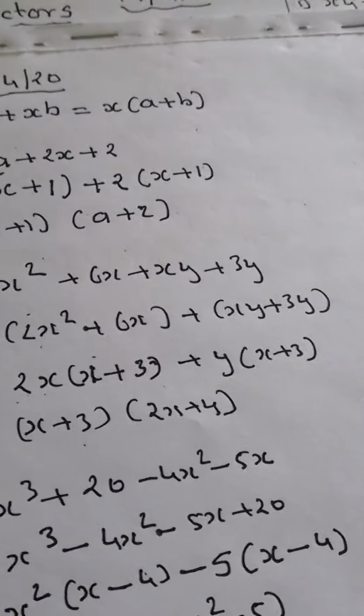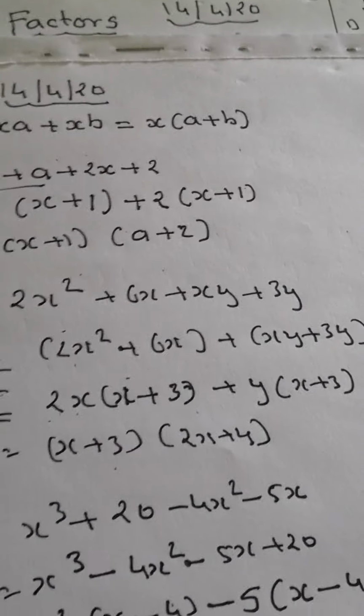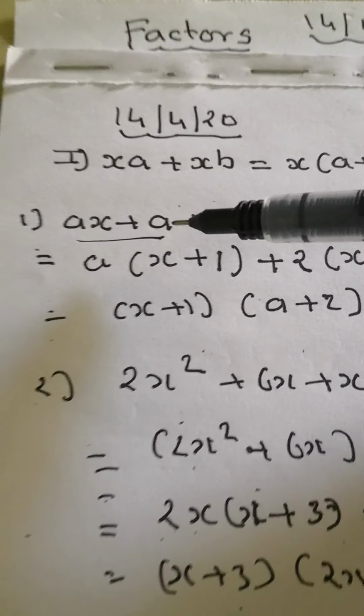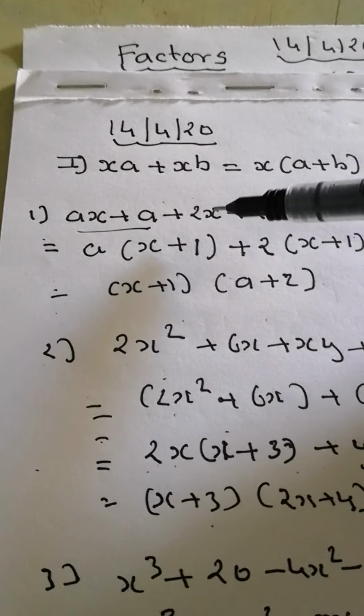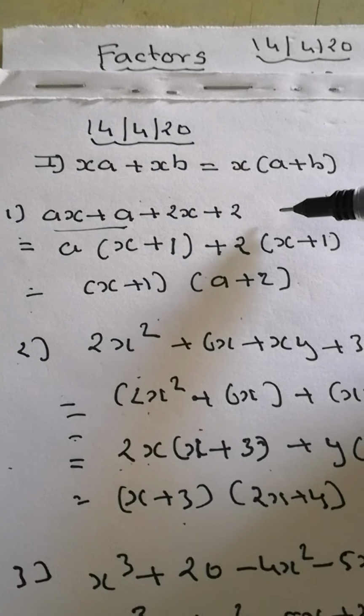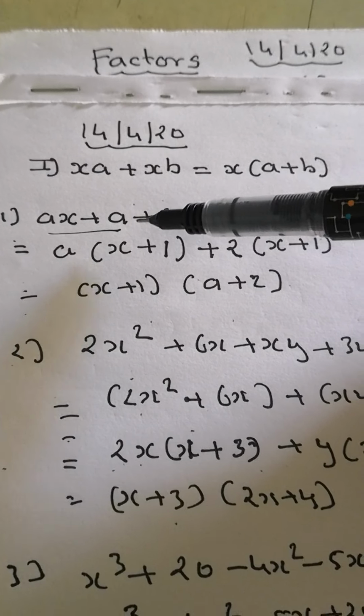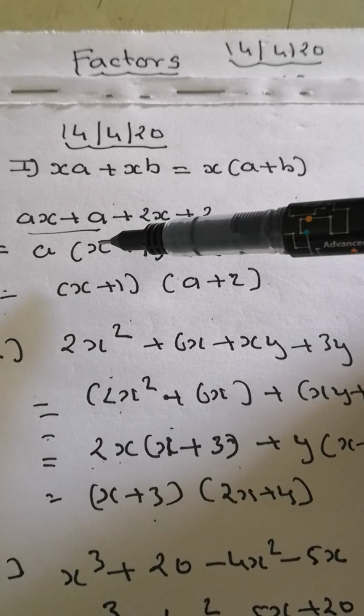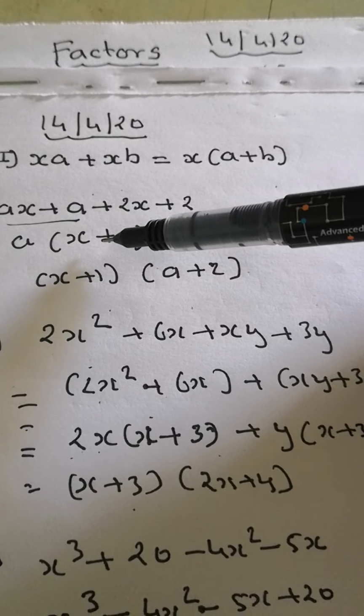I hope you have understood it. Let us repeat all these sums once again. The very first sum, that is ax plus a plus 2x plus 2. For the first two terms, ax plus a, a is common. In ax, a has gone as common, so the term left is x.